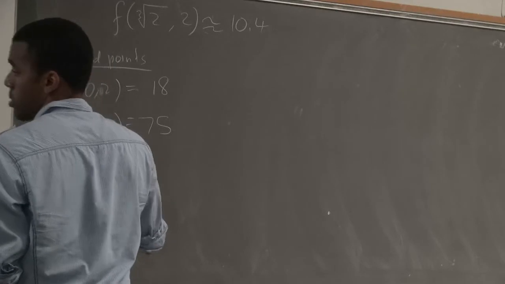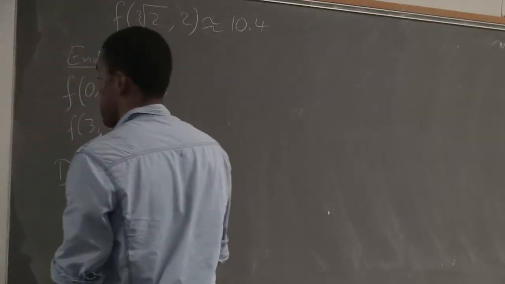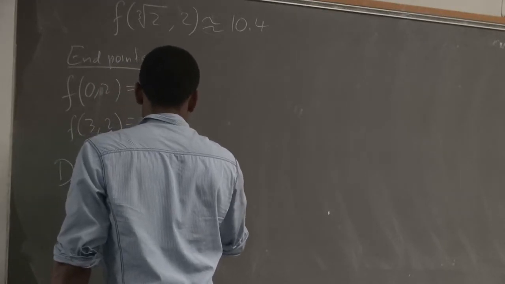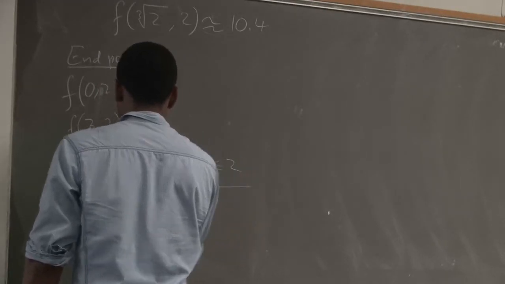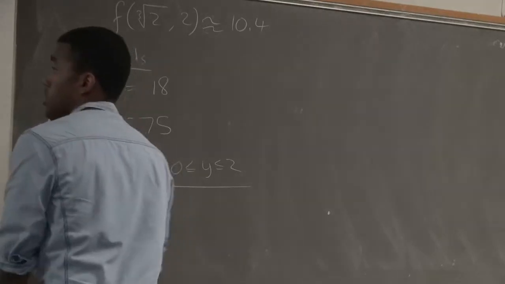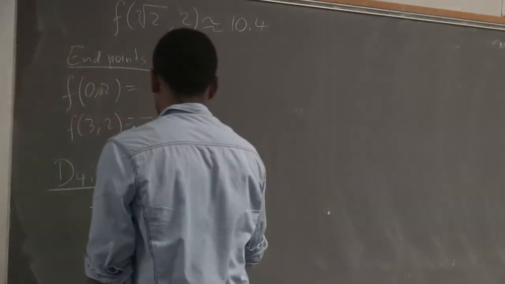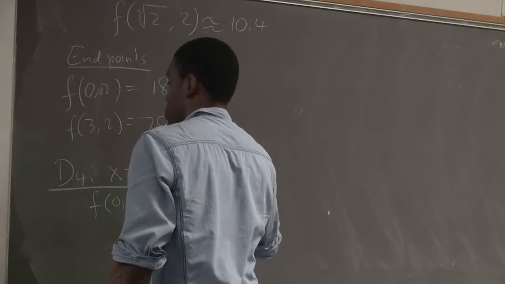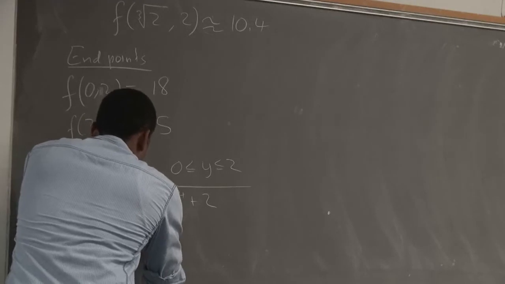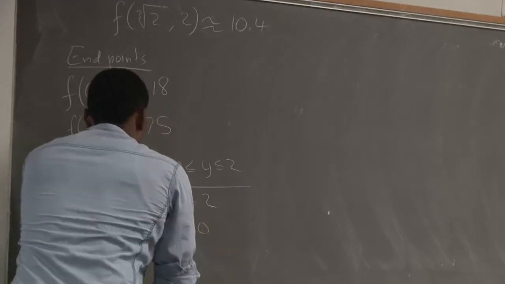Last one, D4. For D4, we have x equals 0, where the y range is from 0 to 2. So we have f of 0 comma y, which would be y to the 4th plus 2. So the critical point is y equals 0.